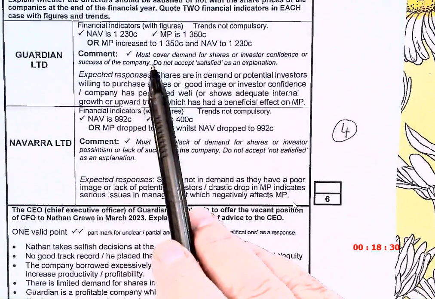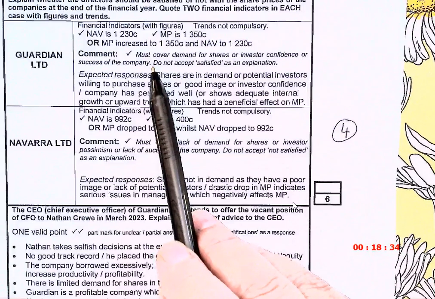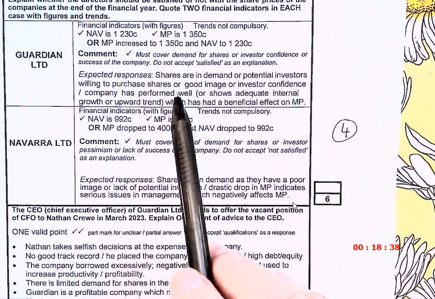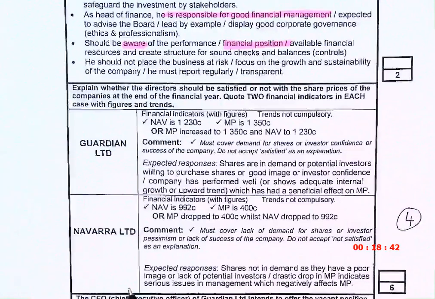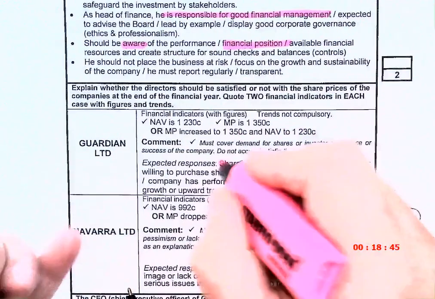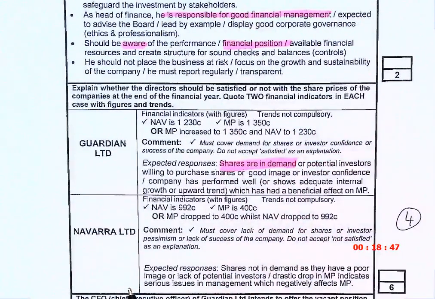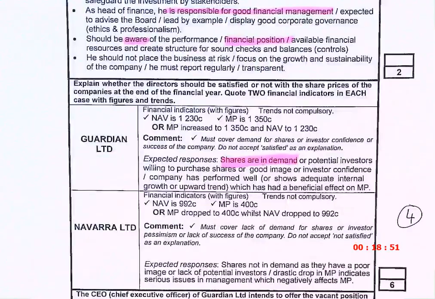So, Guardian: shares are in demand. That's all you need to say. How do I know shares are in demand? Because the market price is increasing. So what are you going to say here? Shares are not in demand. Can you see they don't want rocket science?